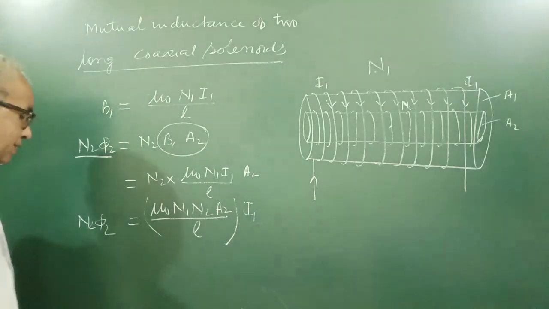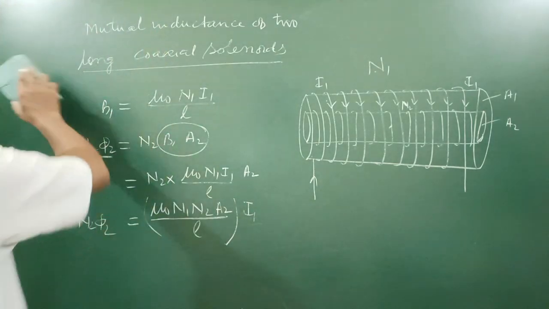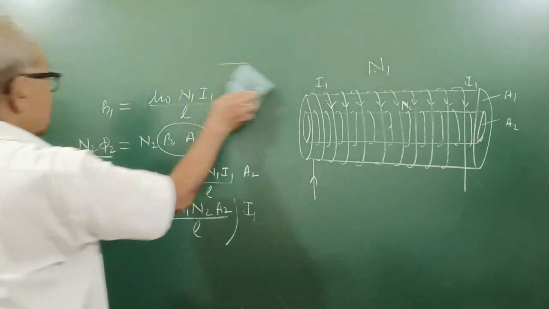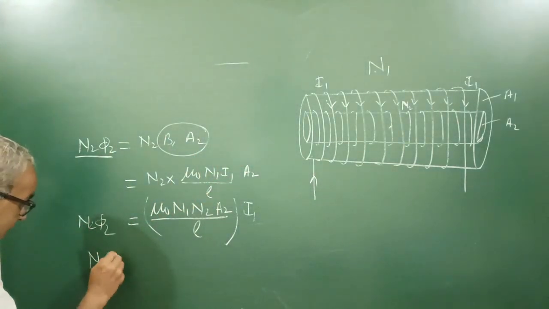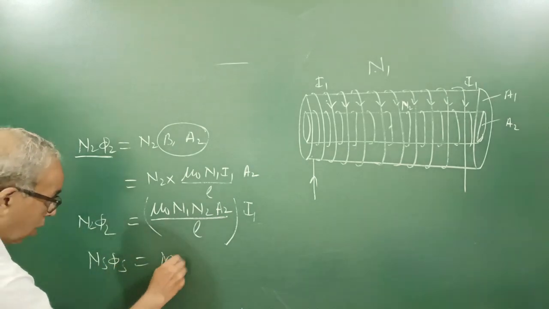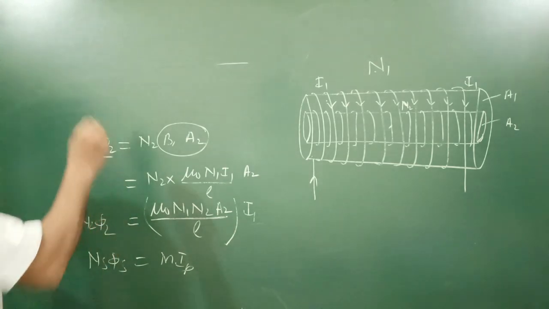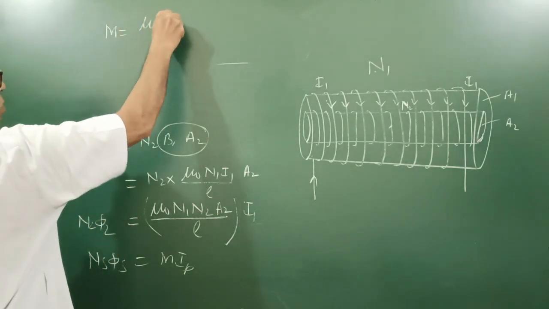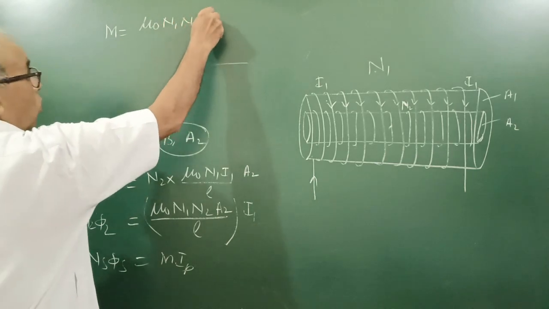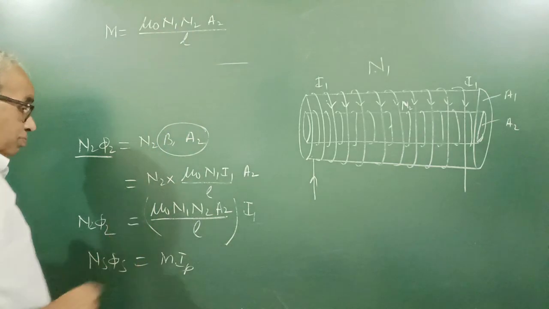So simple. Again comparing it with N2 phi 2 equal to M I1, comparing these two, we get M is equal to mu 0 N1 N2 A2 upon L.